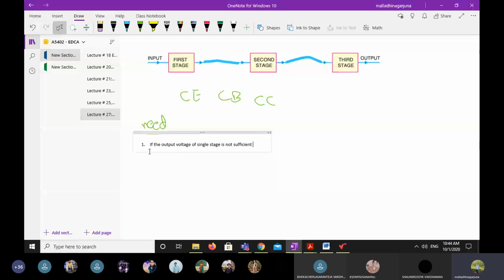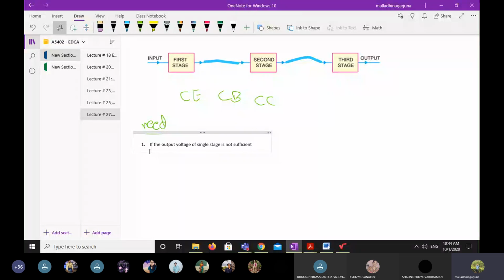So what is the gain? 2 volts by 10 millivolts is approximately 200 times.